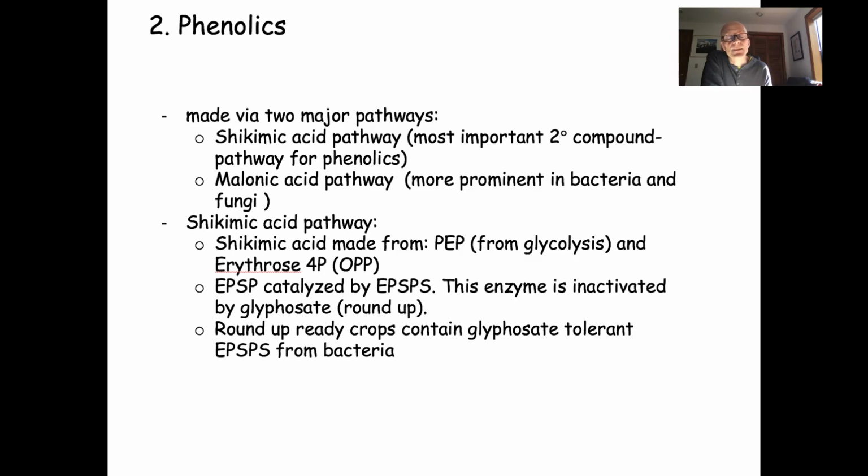Originally found from bacteria, but there are now many different forms that have been made basically through directed evolution. So you can dump as much Roundup on a plant, basically waiting for mutations. You can do a mutant screen, and then you can find enzyme forms of this particular gene that are resistant to glyphosate.